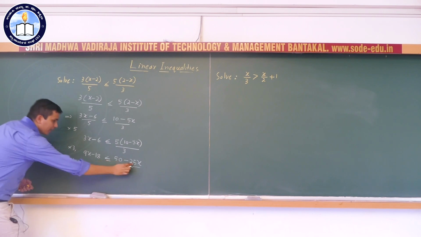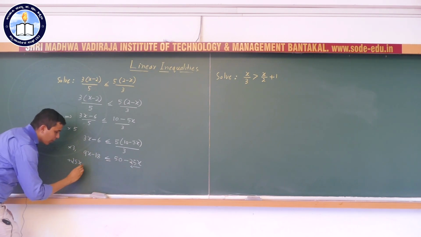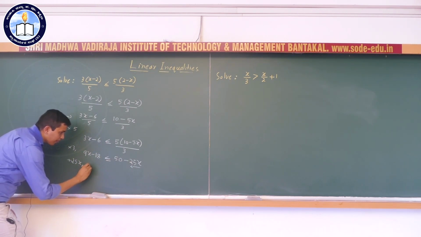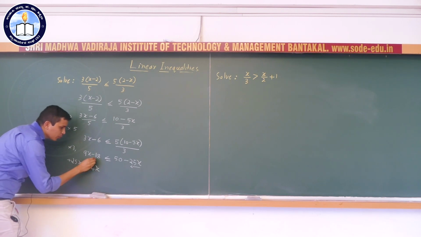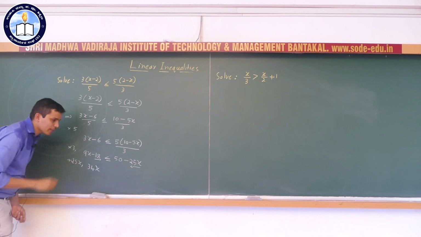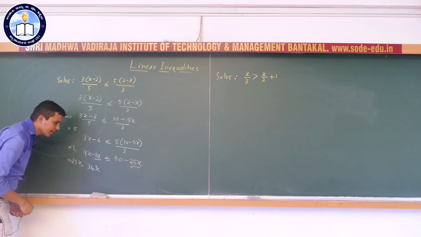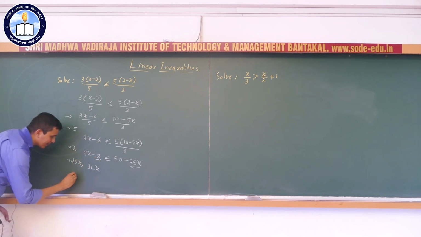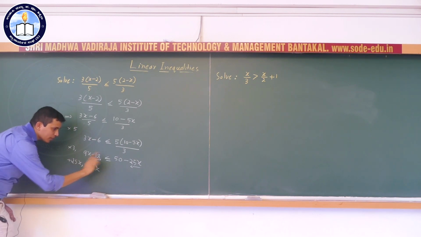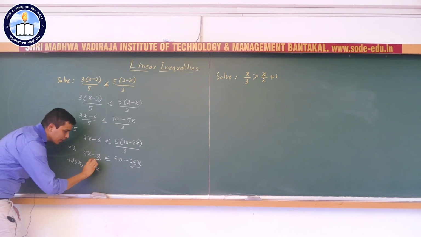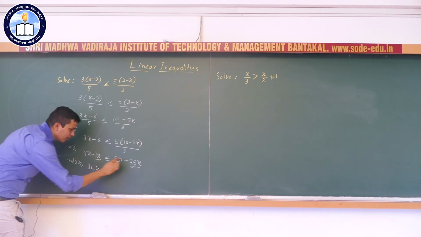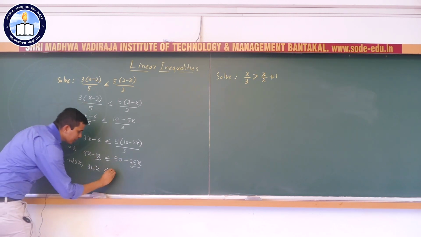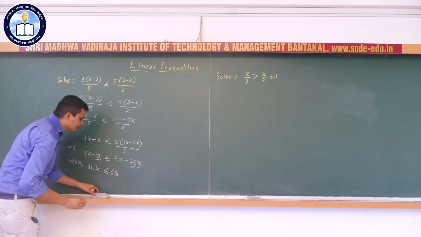So we add on both sides, and it comes as 34x here. And I'm going to move this one to the right side, as usual, by adding 18 on both sides. The inequality remains the same. So how much does it come to? It is 68, correct?